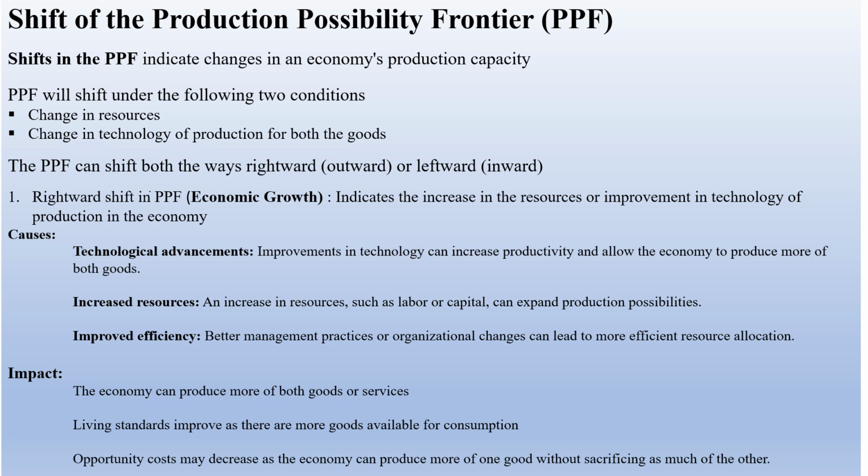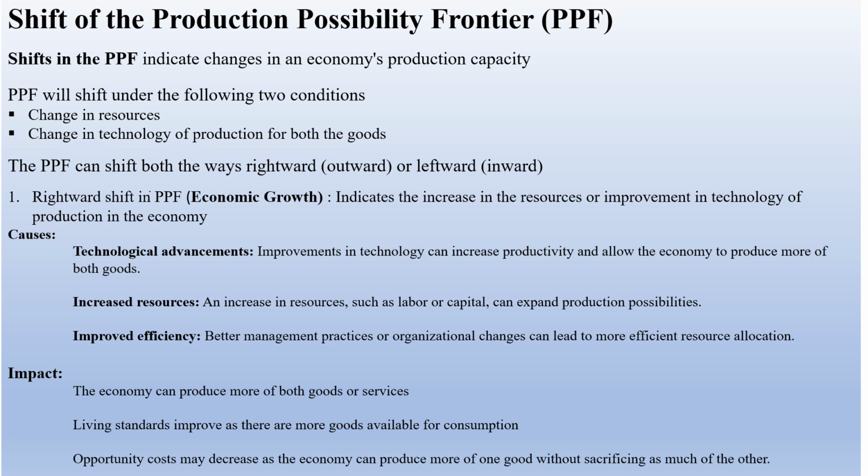A rightward shift in PPF indicates an increase in the resources or improvement in technology of production in the economy. The causes: technological advancement. We know that if we are using higher or advanced technology, that helps to produce more goods.